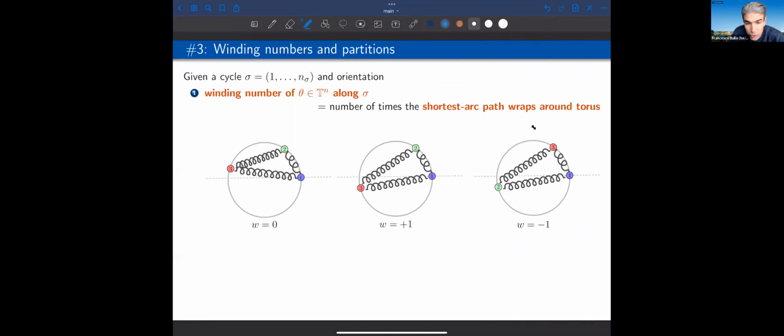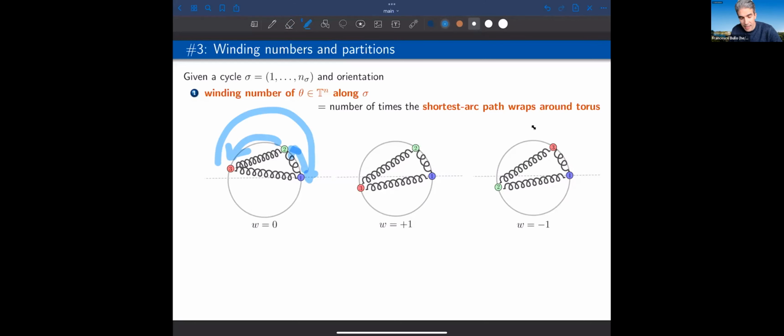So suppose you have a cycle on a graph, just 3 nodes. Let's take 3 nodes, and let's number them 1, 2, and 3. So what you do is you go from node 1 to node 2 on the shortest arc. Then you go from 2 to 3 on the shortest arc, and then you go from 3 to 1 on the shortest arc.